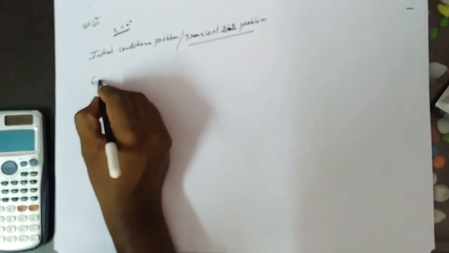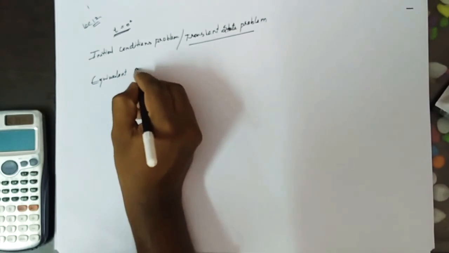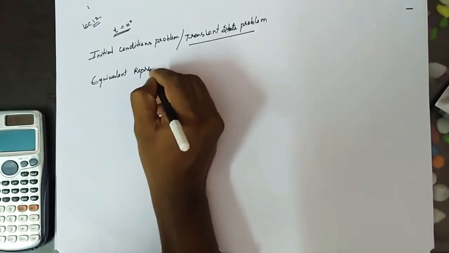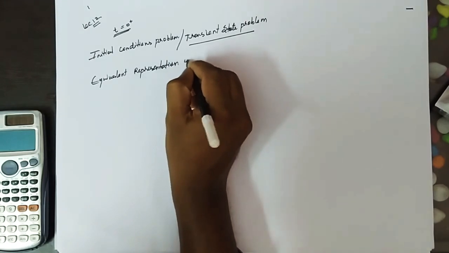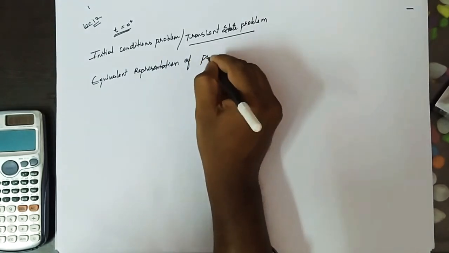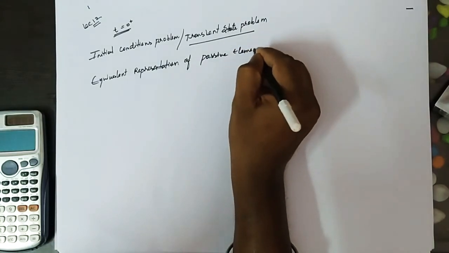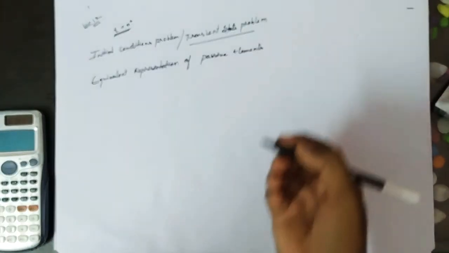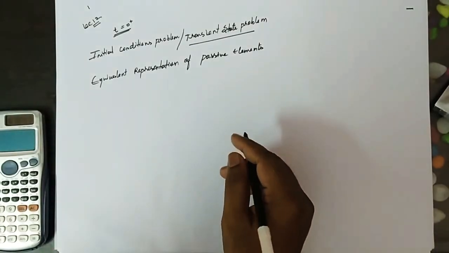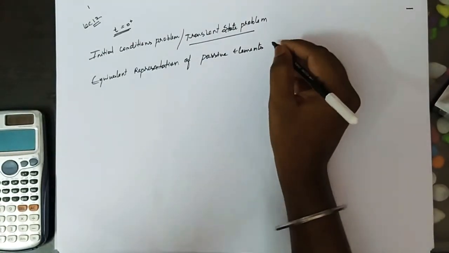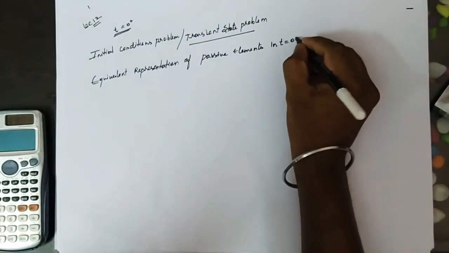So, an equivalent representation of passive elements. At t equal to 0 plus, we are willing to draw the equivalent representation of the passive elements in the t equal to 0 plus state.